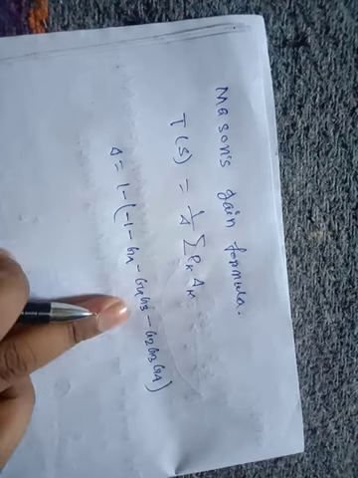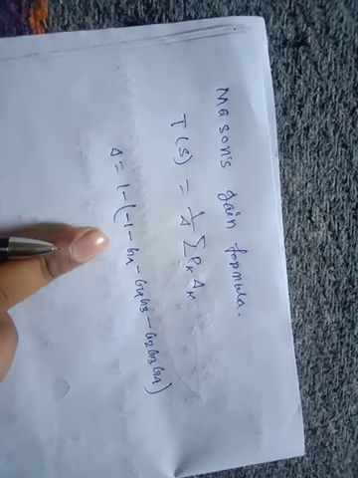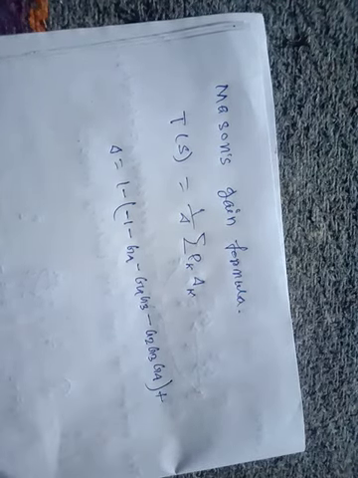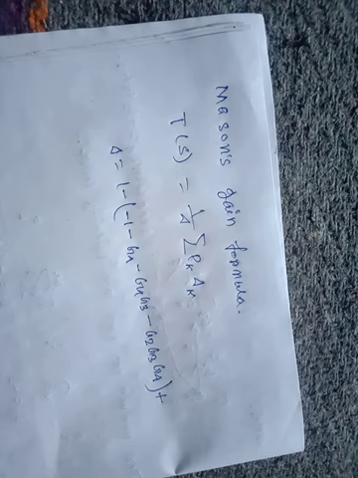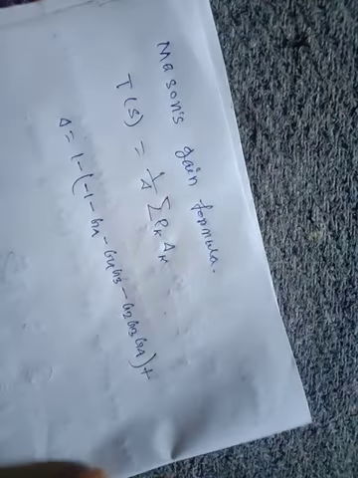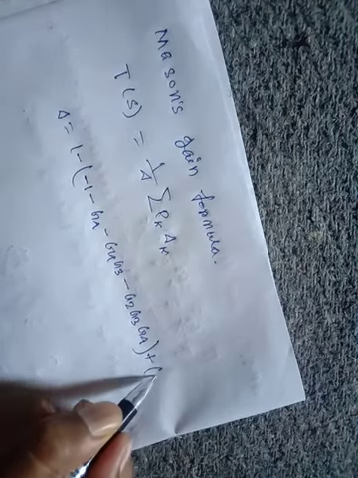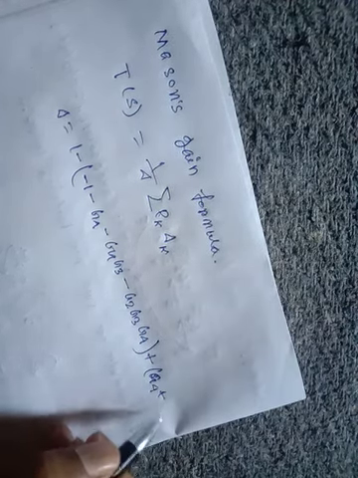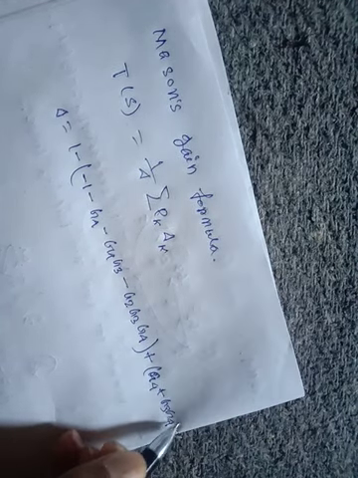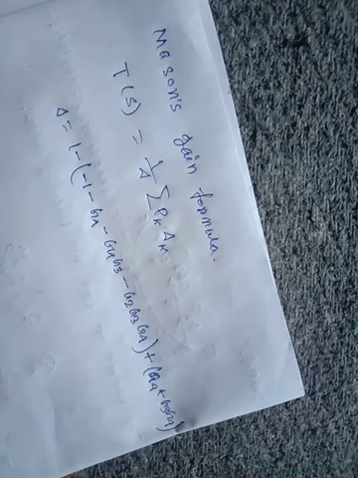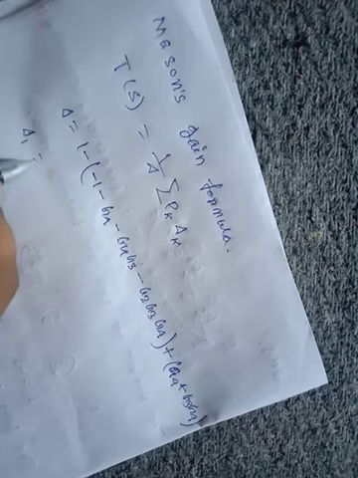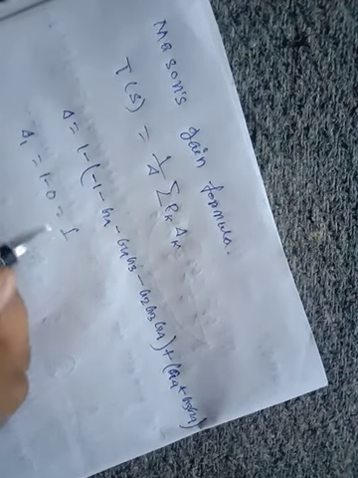Here I put the values of the individual loop gains, plus the sum of gain products of all possible combinations of two non-touching loops, which is G4 plus G3 into G4. For the forward path, delta 1 is equal to 1 minus 0, which is 1.